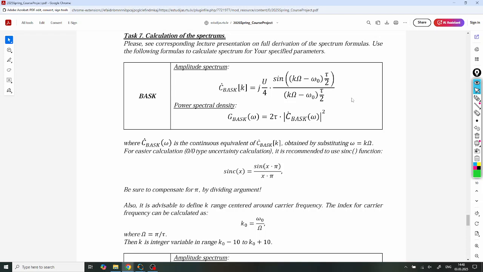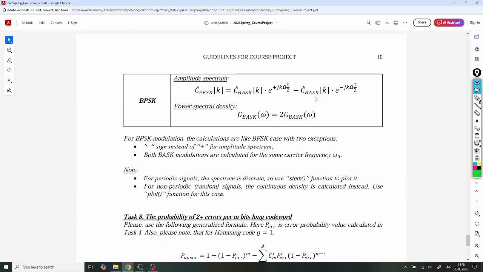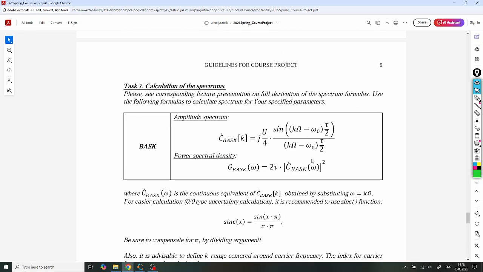Now, it would be a nice idea to actually implement this as a function, because if you have BASK, you simply call that function. If you have BFSK, you are going to need to call this function for two different frequencies, omega 1 and omega 0, twice, and for phase shift keying, you also need to call it, preferably twice, probably. So basically, it would make sense to implement this in some kind of a function.